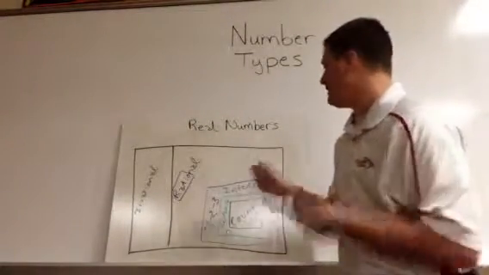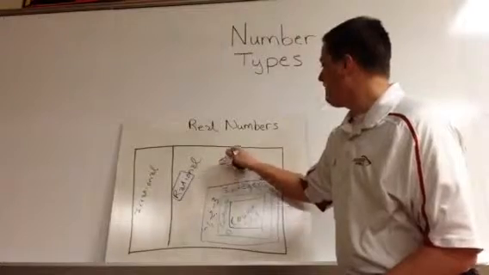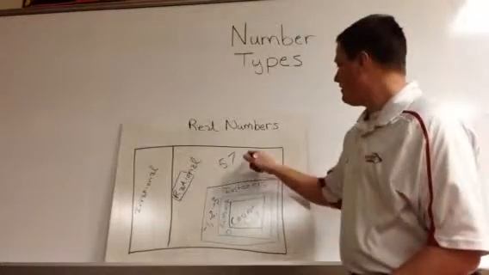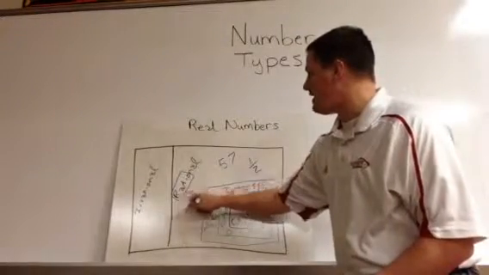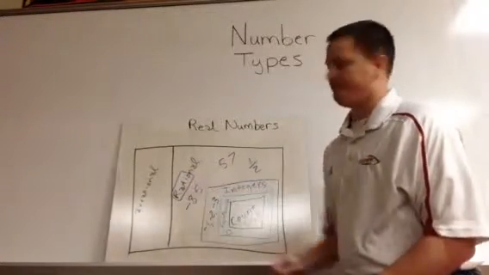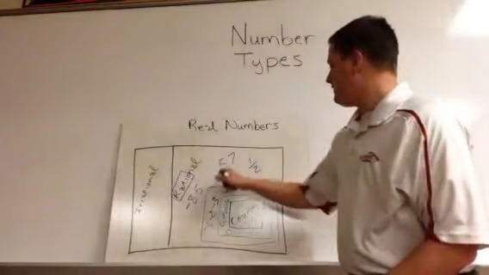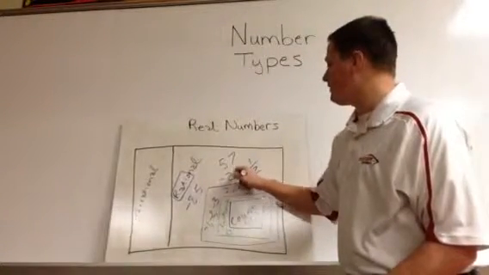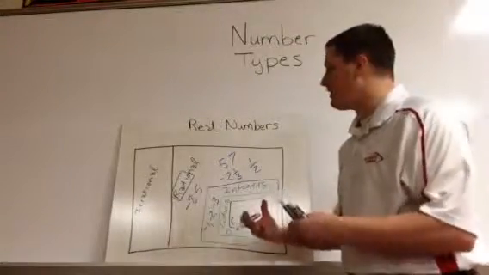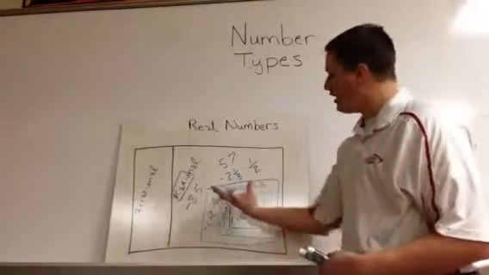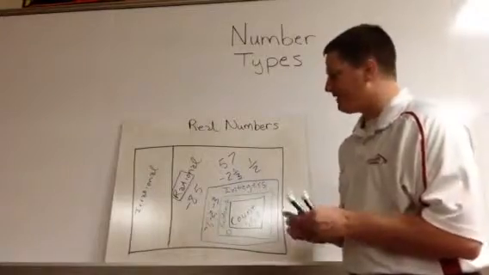Some examples would be 5.7, 1/2, -8.5, -2 1/3. These are all numbers that can be expressed as fractions, along with all our other subgroups.